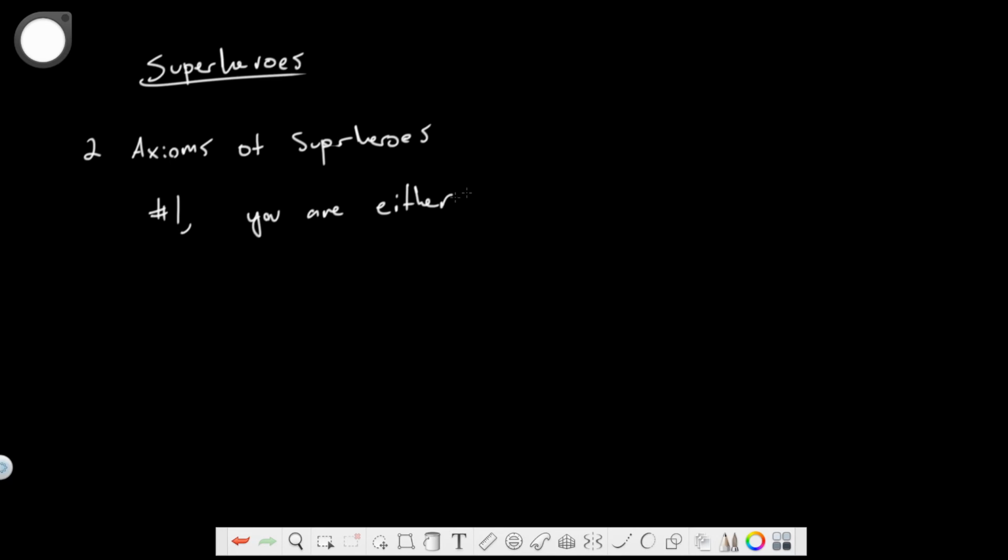And you may be asking, how does a superhero relate to L'Hopital's rule? How does a superhero relate to math? Well, that's quite simple. But to do so, we need to talk about the 2 axioms of superheroes. Number 1, one is either a superhero or a mortal.